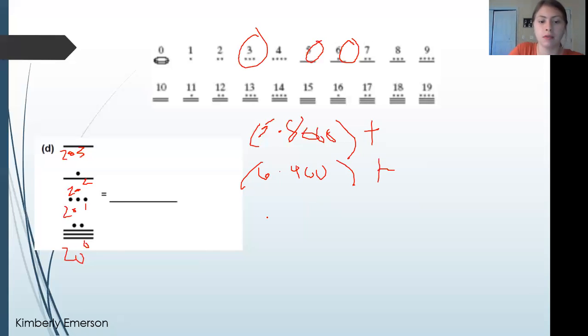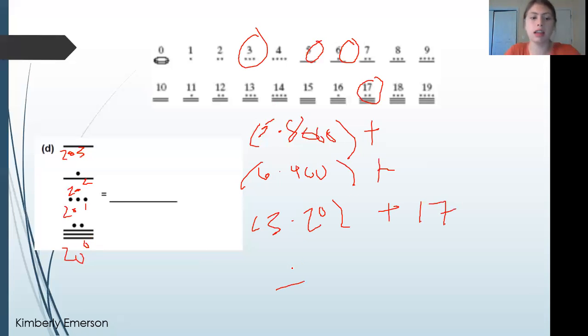And then we have 3 times 20 to the first power, which is actually just 20, plus, and then right here, we get a little confused looking at these 2 dots and then these 2 dots, but it's actually 17, and it would be times 1, so we're just going to add 17 right there.